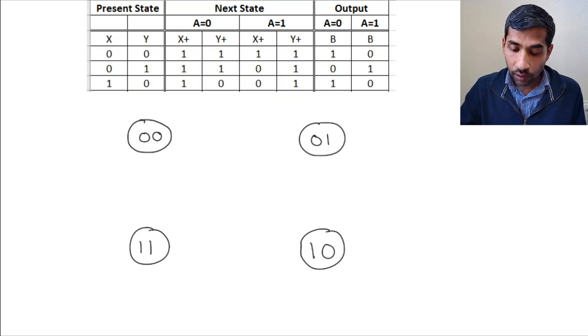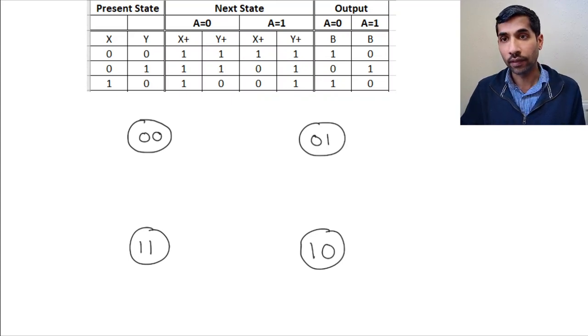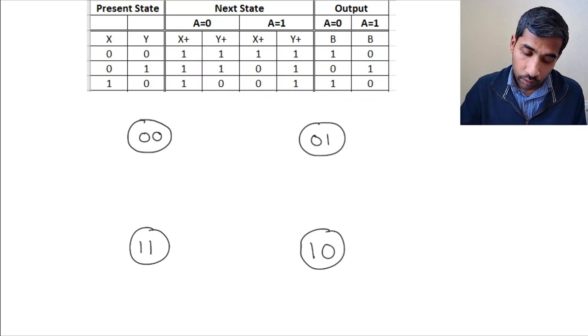So if you are on state 0 0, and you get an input of, let's say, a equal to 0, what happens then? You can see from the state table that we move from 0 0 to 1 1.